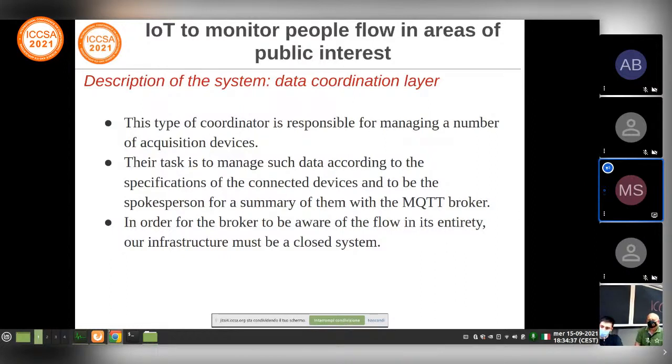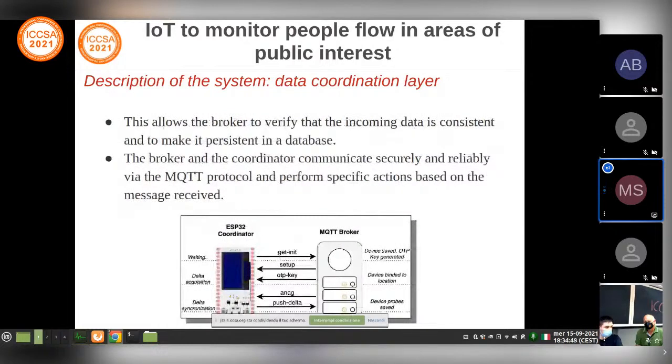Our infrastructure must be a closed system in order for the broker to be aware of the full flow. This enables the broker to ensure that the incoming data is consistent and to store it in a database. The broker and the coordinator use the MQTT protocol to interact in a safe and reliable way, and they take particular action based on the messages they receive.